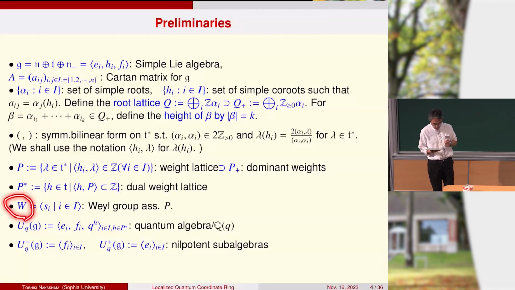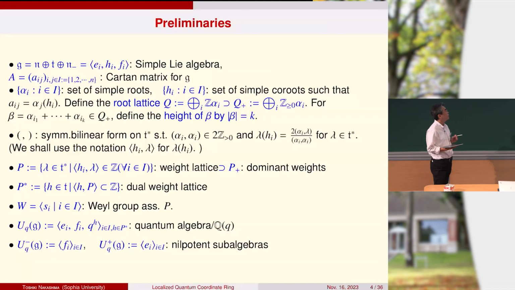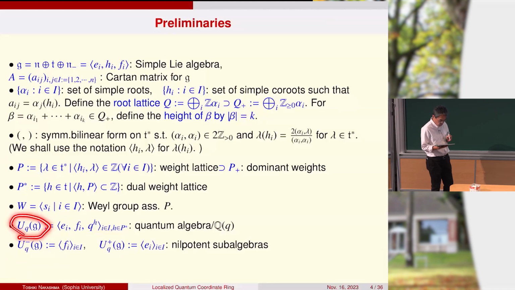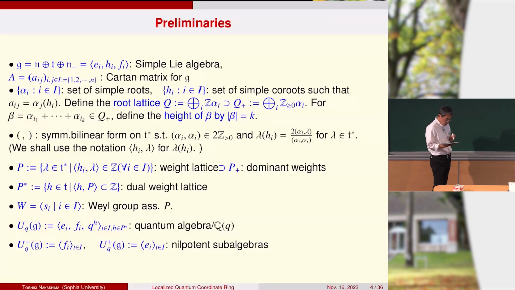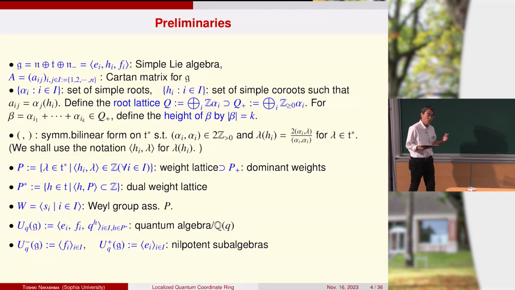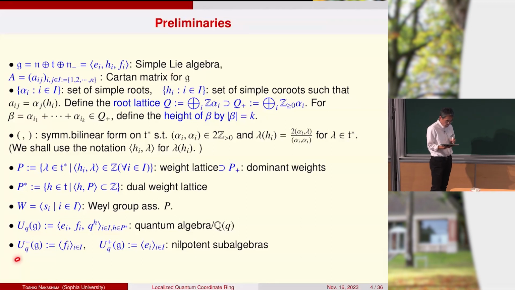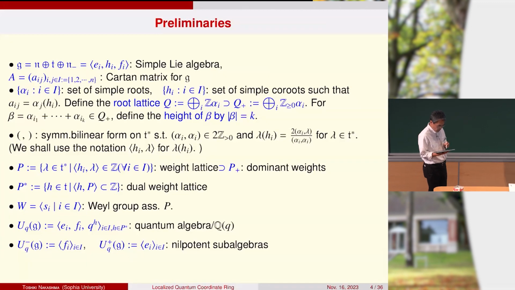W stands for the Weyl group related to g. U_q(g) is the usual quantum algebra generated by the generators e_i, f_i, and q to the h, with some usual relations that I omit. U_q^- and U_q^+ are the unipotent subalgebras, generated by f_i and e_i respectively.